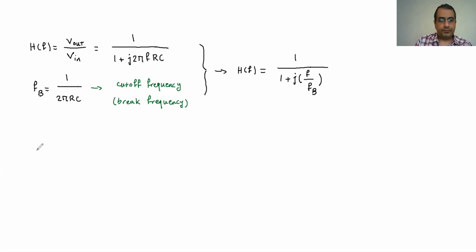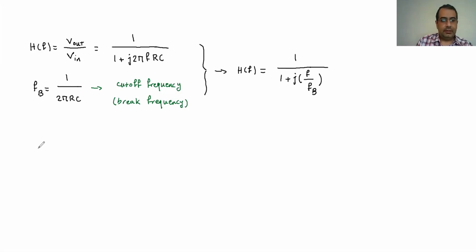Also, I can write it in the form of, so this is the rectangular form. It has a J. I can also write it in the polar format.